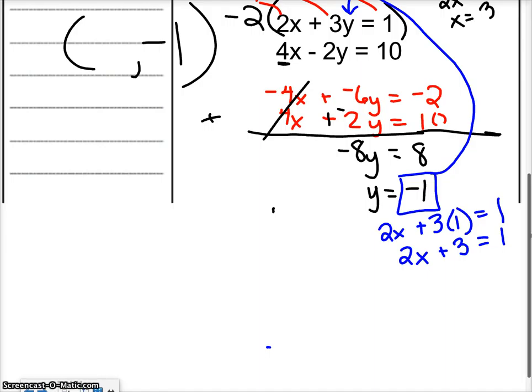Oh, that's negative 1. Yep, my bad. So now I'm going to plus 3. So 2x equals 4. X is 2. So these two lines intersect at the point 2, negative 1.